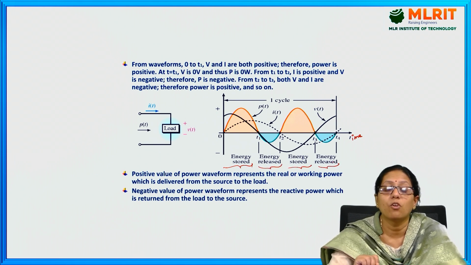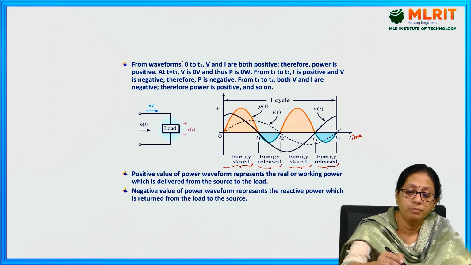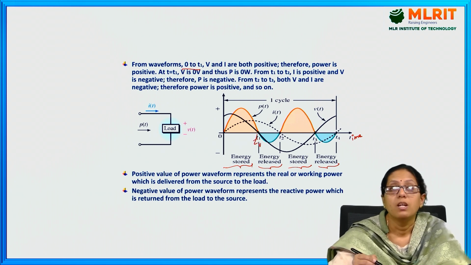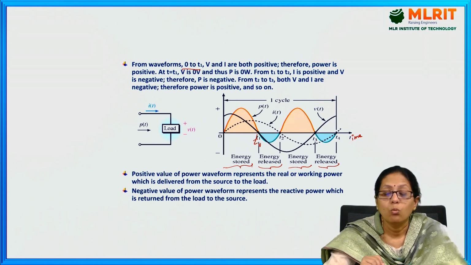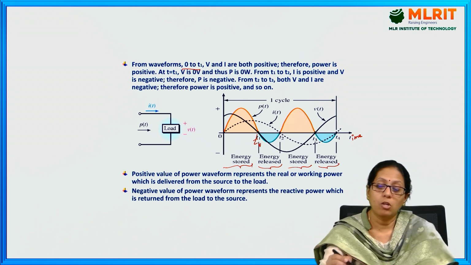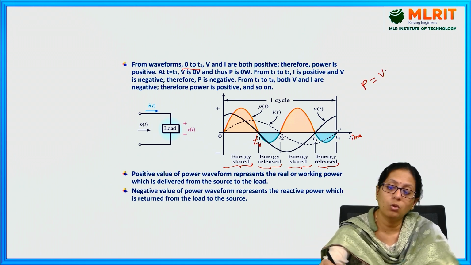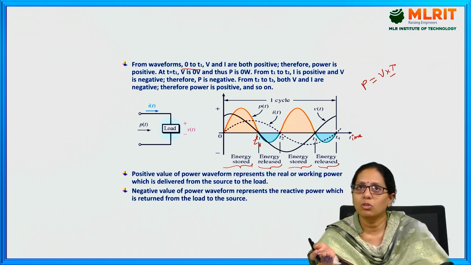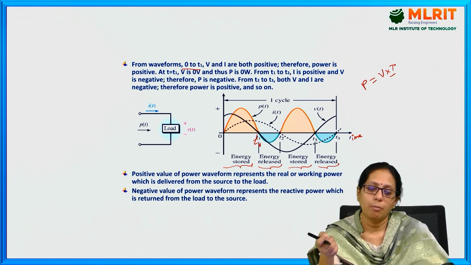That means for this waveform from 0 to T1, voltage and current both are positive and therefore power is positive, because the power formula is P is equal to voltage into current. So as voltage and current both are positive, the power is positive.